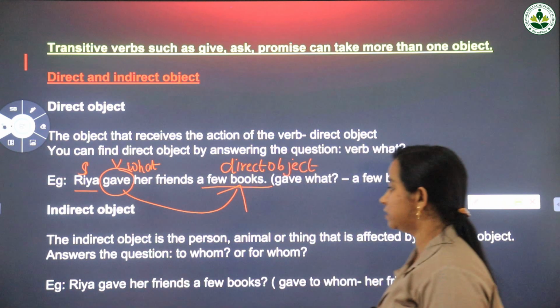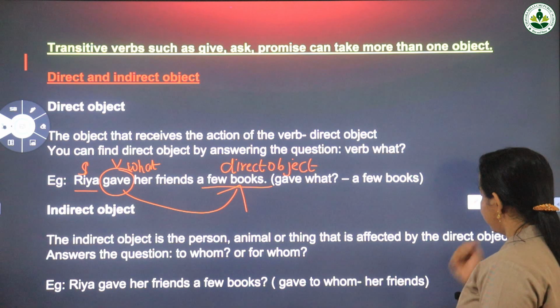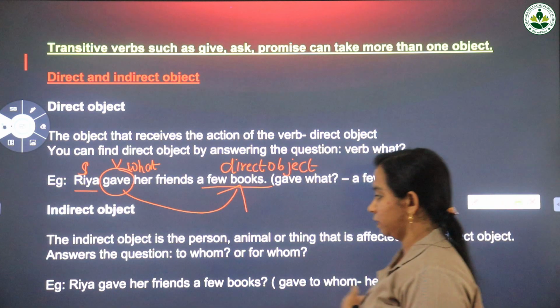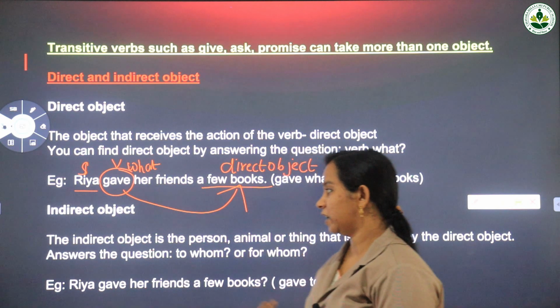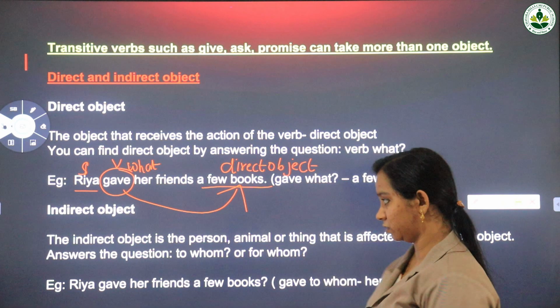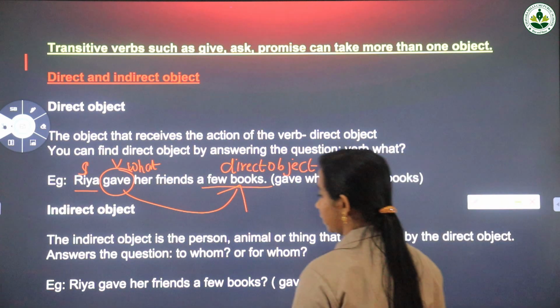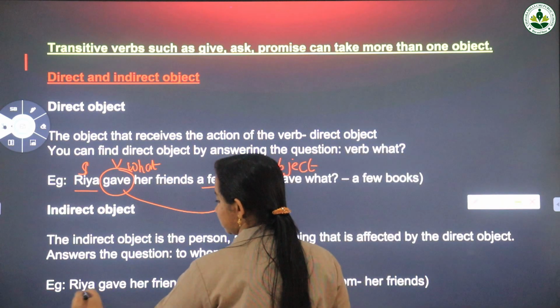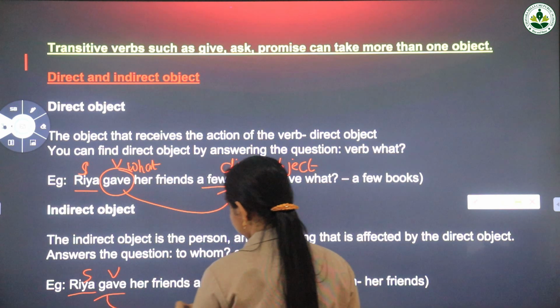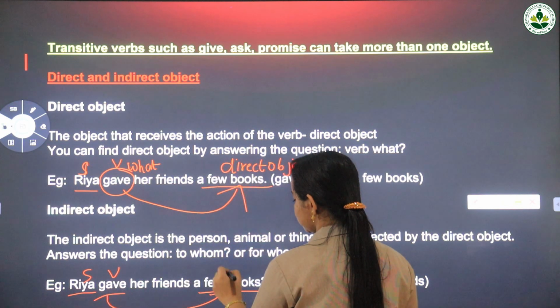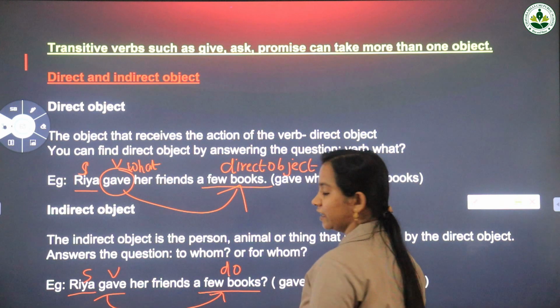The indirect object is the person, animal or thing that is affected by the direct object. That means somebody who is affected by the direct object comes under the category of indirect object. For example, just see the same example. Riya is the subject, gave is the verb and we got gave what? We got the answer as few books. So this is the direct object. I am writing here as DO.